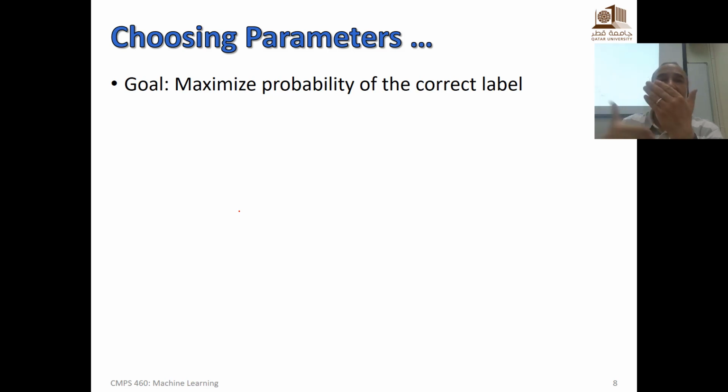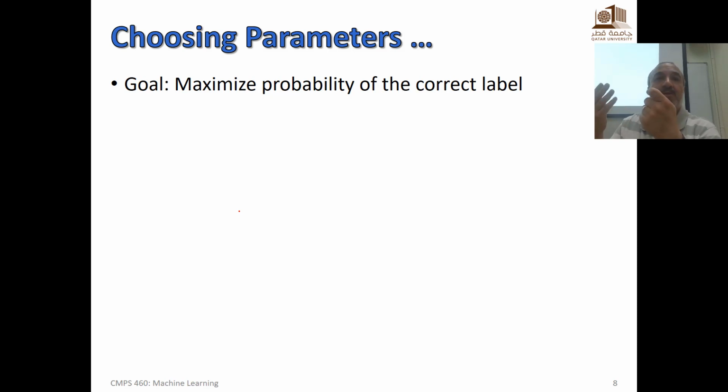Let's say that we are in training, and we are given a training example. We know its actual label, right? Let's say that the actual label is 1. What do we want to predict? What should be the predicted value for that example?